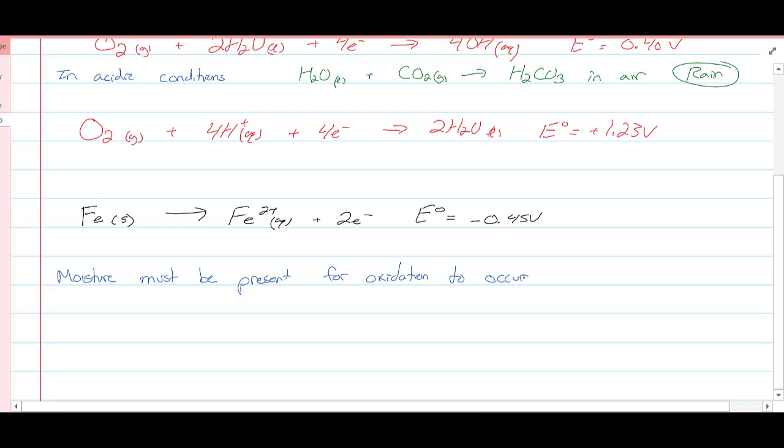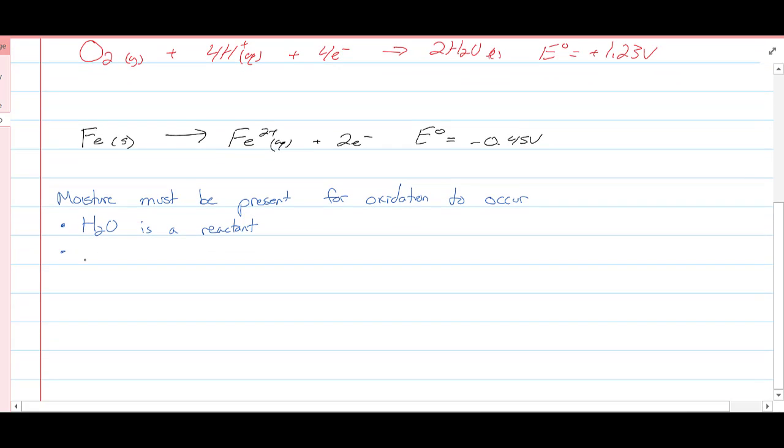That means if you live in a humid environment, like I do, very humid environment, things rust very easily. All right. And moisture must be present because H2O is a reactant. So if you live in a very dry climate, desert area, rusting is less prevalent. Doesn't mean it can't happen, but it's a lot less present.